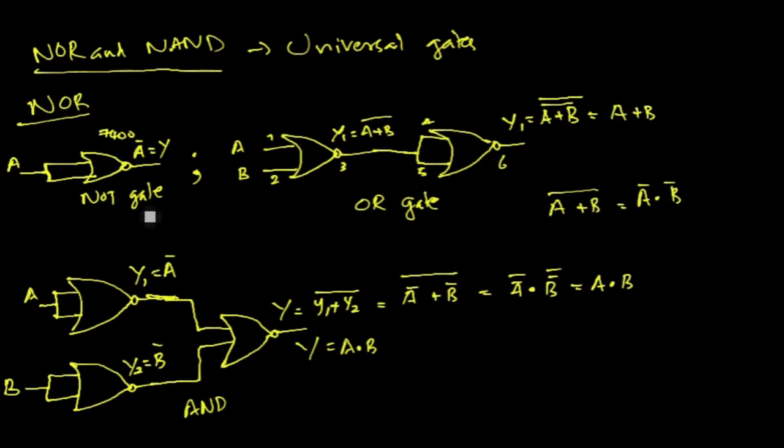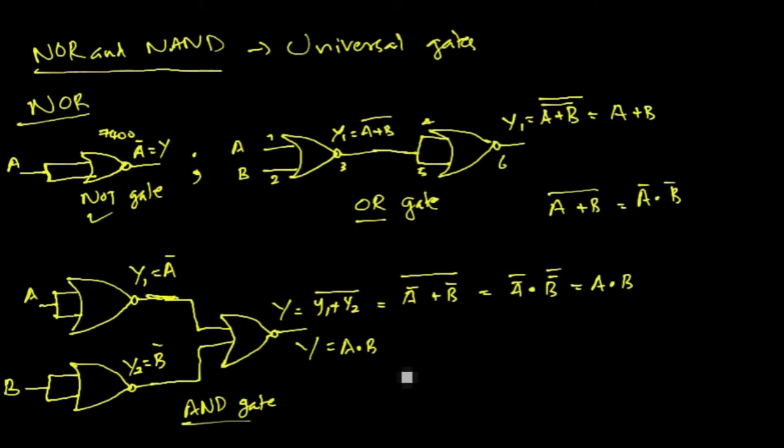So a single NOR gate forms a NOT gate. Using two NOR gates we can form an OR gate. Using three NOR gates we can form an AND gate.